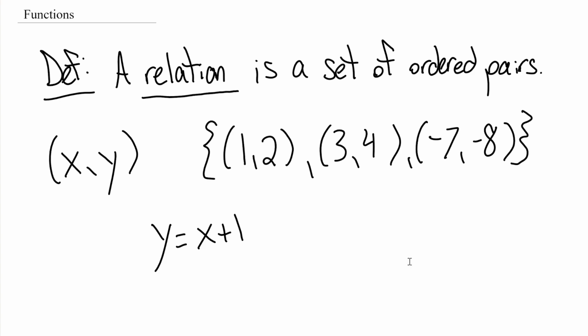Now, a function is simply going to be a special type of relation. So let's first look at a few properties of relations that will carry over to functions. So first of all, the first values here, in our case what we're calling the x values, but any inputs, whatever variable you're using, this is known as the domain.